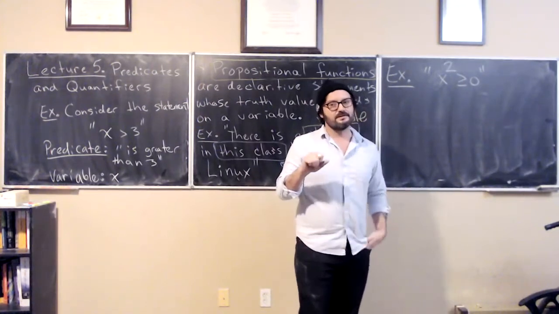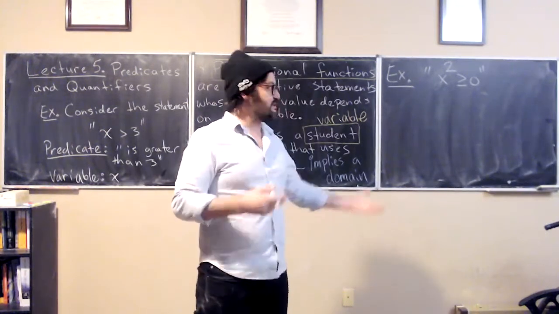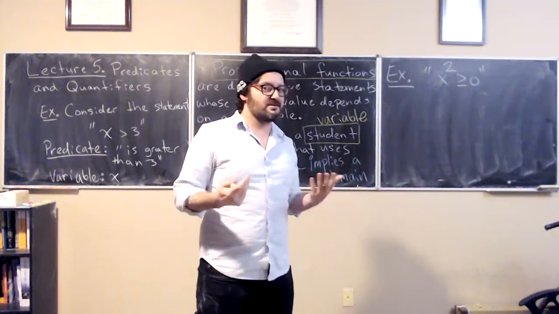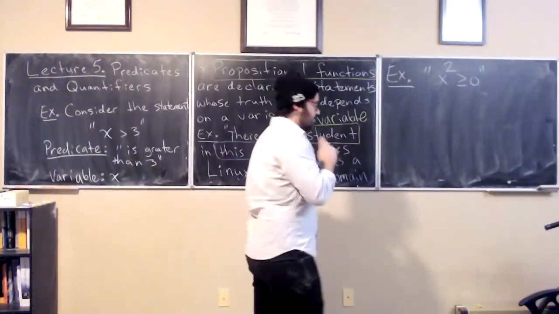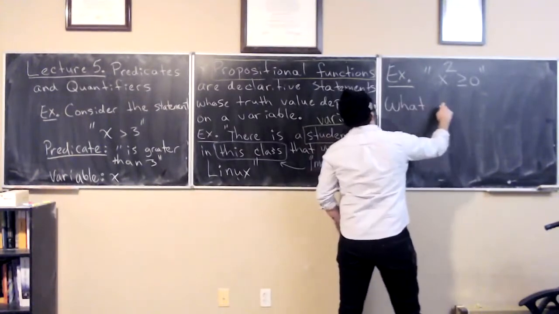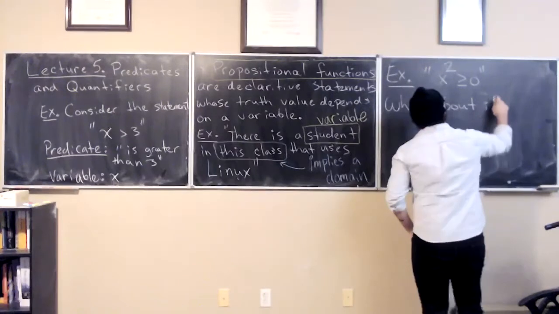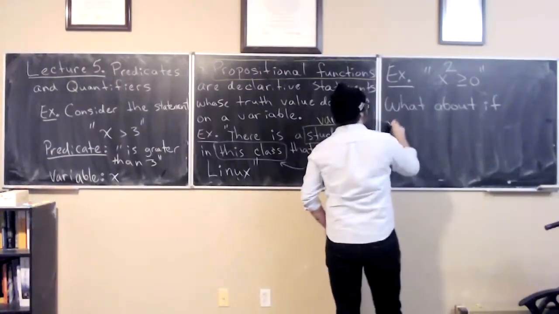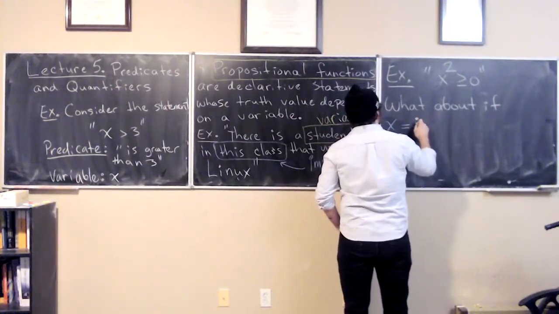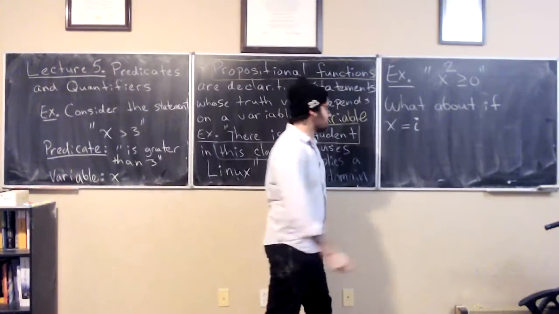However, if we don't specify the domain of interest, and even if we're thinking about numbers, there's a chance it might not be true. For example, what about if x is equal to imaginary i? Right?